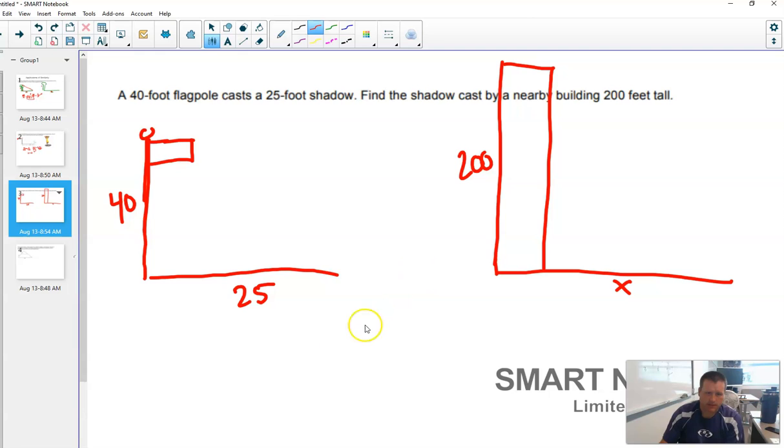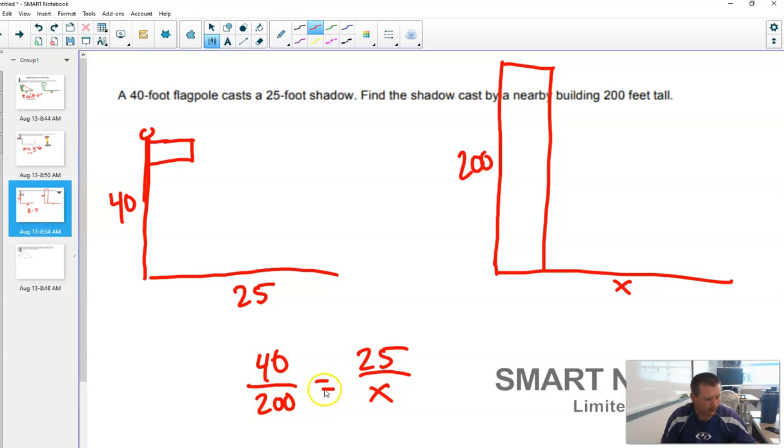Okay, so again, just set up your proportion. We'll go to the big side, so 40 over 200. And then that has to be equal to 25 over x. Again, I'm just going to cross multiply, so 200 times 25, which is going to give me 5,000. And that's got to equal 40x because I multiply that way.